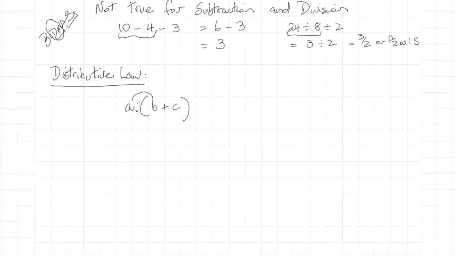This factor is distributed over every term inside. Now, terms are connected by pluses and minuses, so we have 2 terms in the bracket. This is A multiplied by B. We then bring the plus across, A multiplied by C.